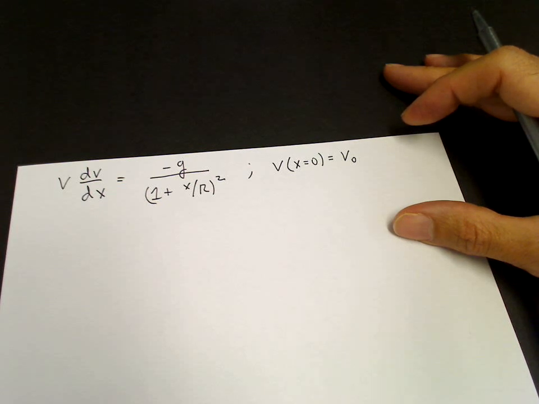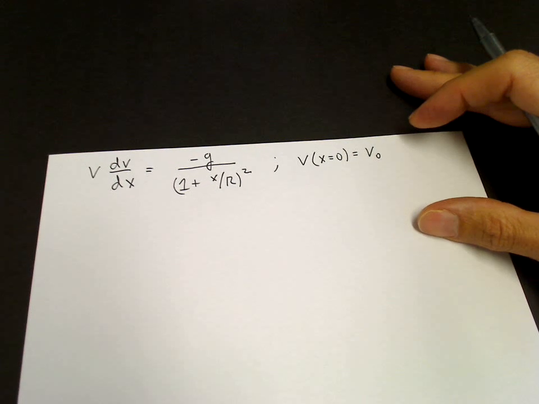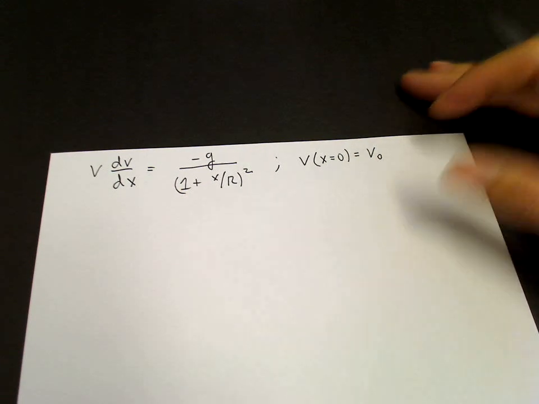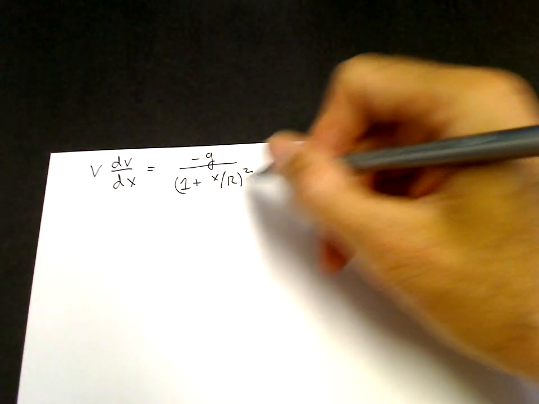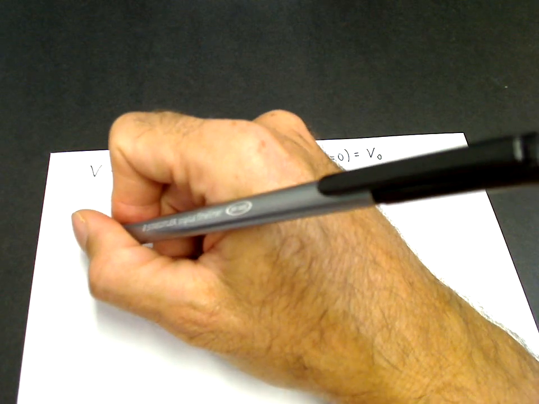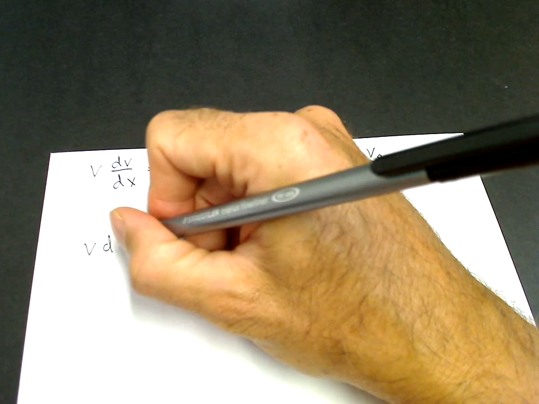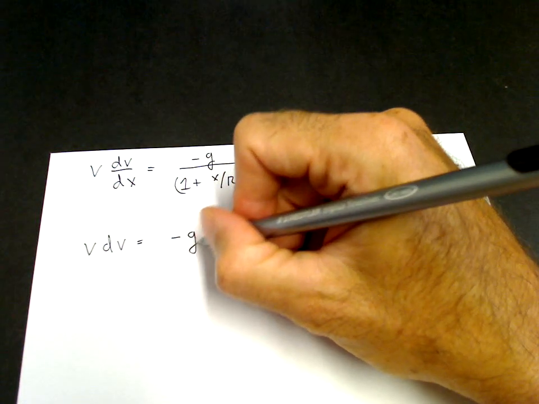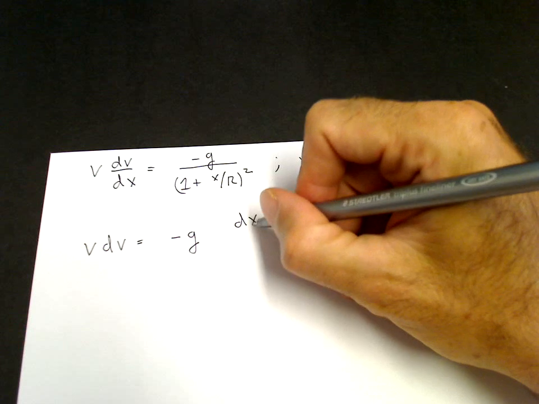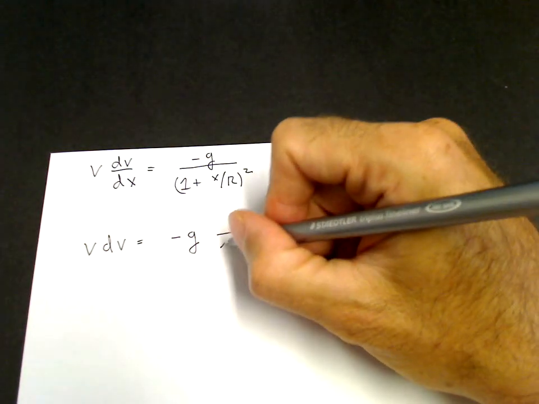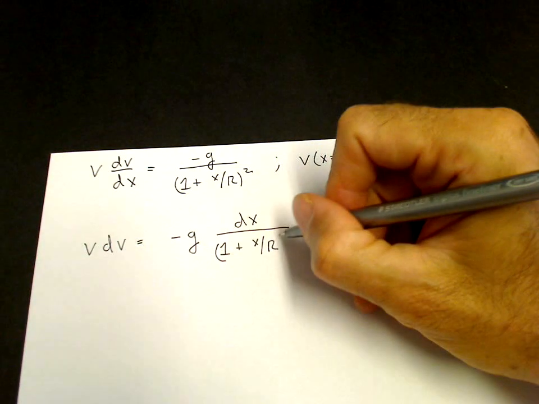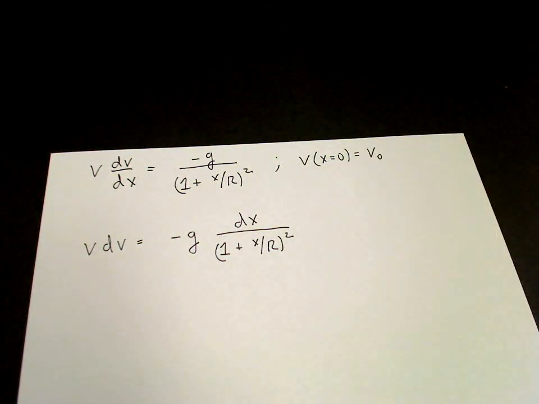It's a nonlinear equation, but it's separable, so we can solve it. We will separate. So we have v dv equals minus g dx over (1 plus x over r) squared.